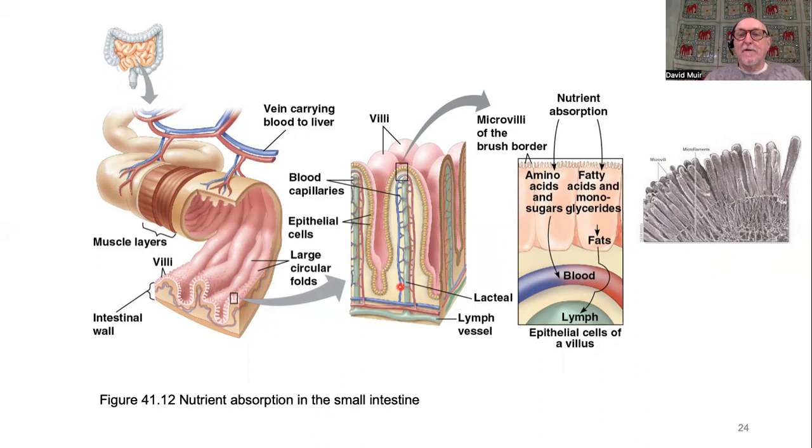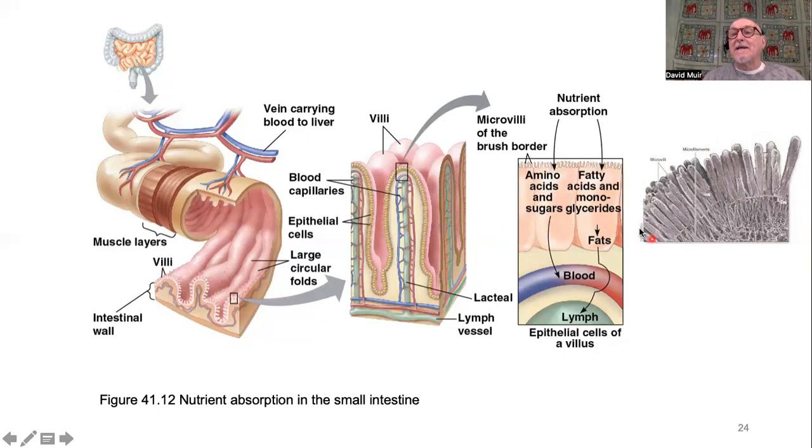So the first thing to understand is that the surface area of the villi themselves is enormously increased because each of the cells that make up the wall of the villus here actually has what is called a brush border.